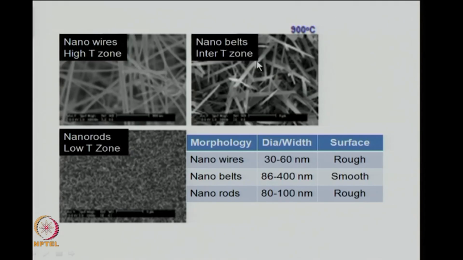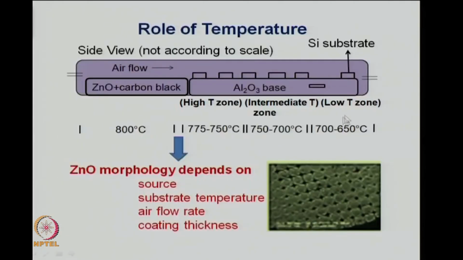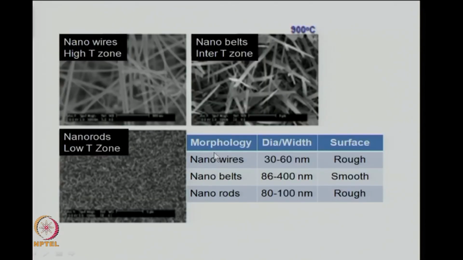So, they are smooth, hence we call them as a belt, and these are rough. So, we call them wires, they are thin wires, and here they are broad, but they are very smooth. So, there we get the nano belts. Now, at the very low temperature zone, which is like 700 to 650 degrees centigrade, we get another morphology.